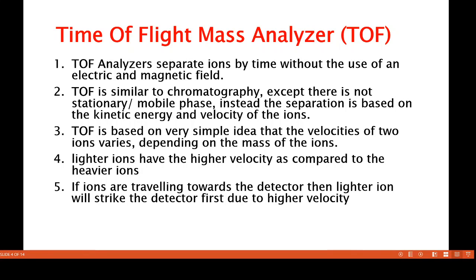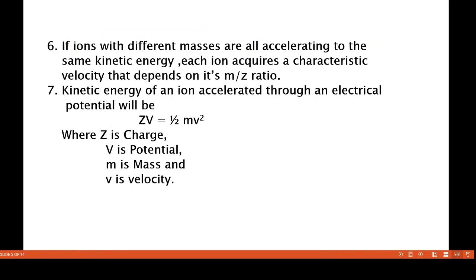If ions with different masses are all accelerated to the same kinetic energy, each ion acquires a characteristic velocity that depends on its m by z ratio. Means it totally depends upon its mass.